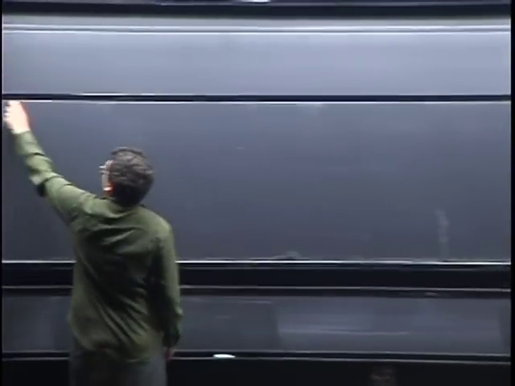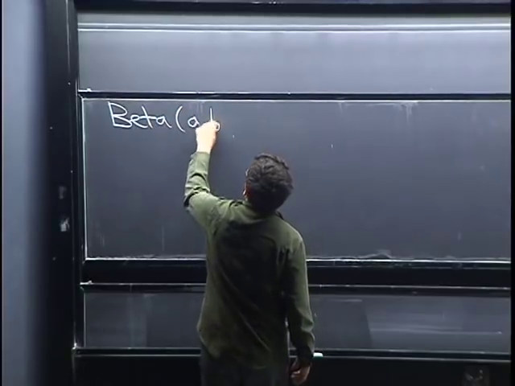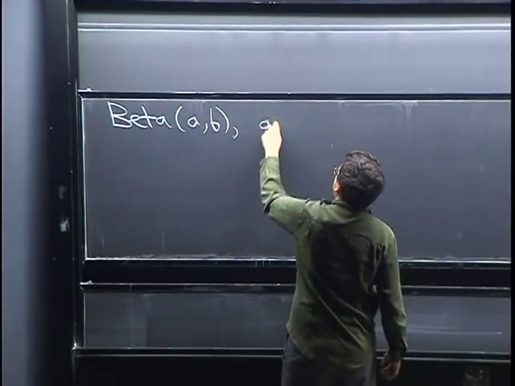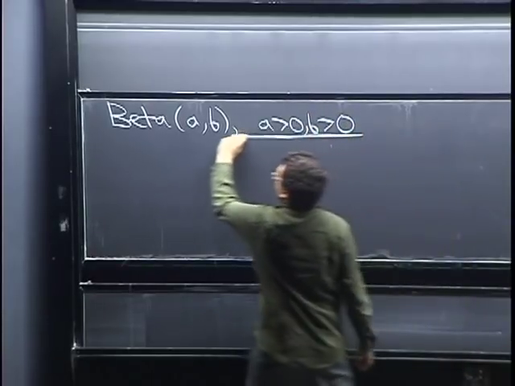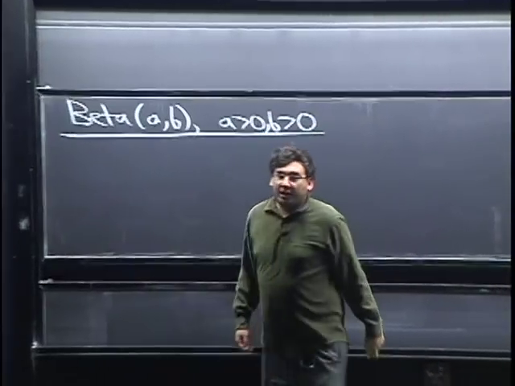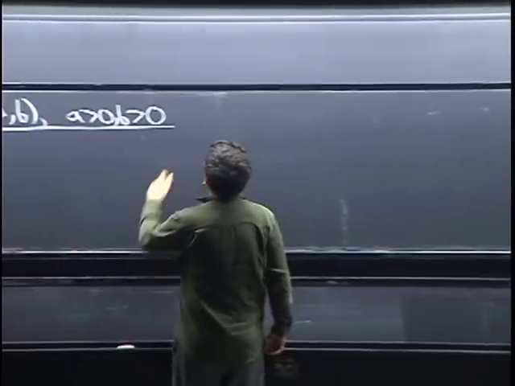So it's a whole family of distributions, which we call Beta(a,b). It has two parameters, a and b, where a and b are any positive real numbers, okay? And it takes values between 0 and 1, as I said.